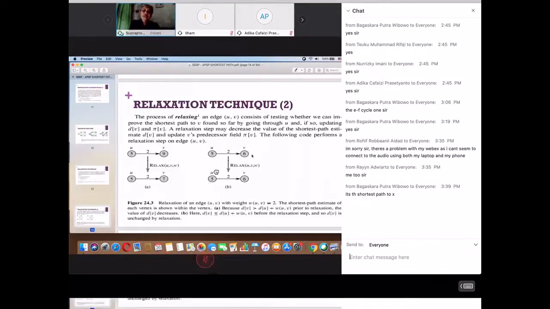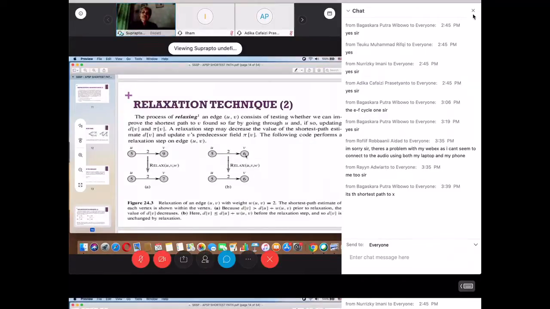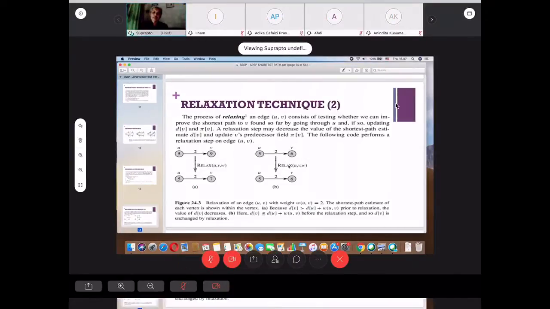It's not even an improvement, it's not even a decrease, but an increase by 1. So that's why this case is not the case for relaxation.